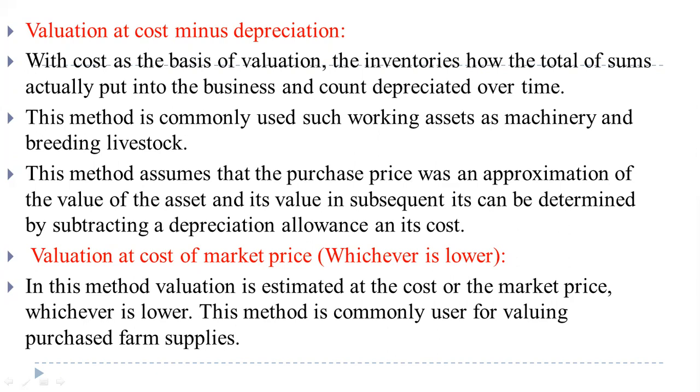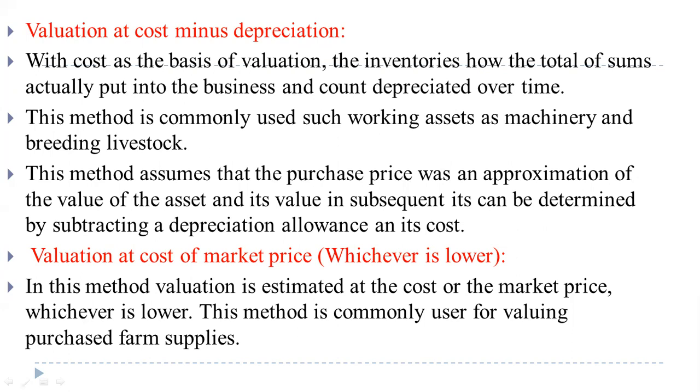Farm supplies means different types of inputs needed for any crop production, for example fertilizers, seeds, insecticides, pesticides, etc. So for those particular inputs, you can value them with the help of this method.